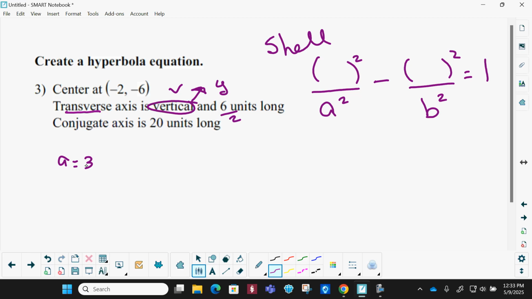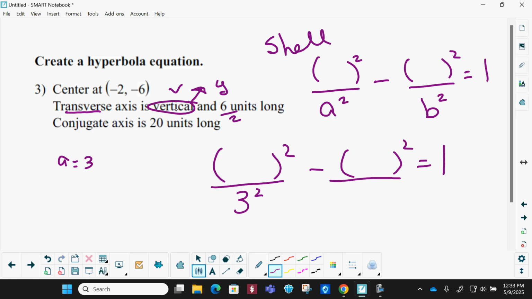Okay, so I'm going to go ahead and get my shell going right here. So I know that 3 goes right here, and because it's vertical, y comes first, x comes second. My center does go in here, so y is first, so change the sign for both.